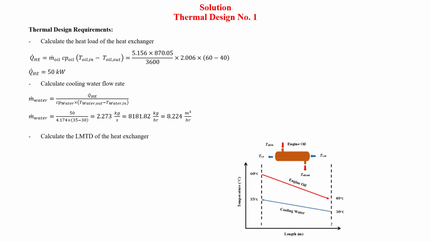And the next step, we have to move towards the calculation of the logarithmic mean temperature. We have delta T1, at end number 1, equal to 25 degrees Celsius, and delta T2 equal to 10. If we use the definition of LMTD, that will give us a value of 16.37 degrees Celsius.